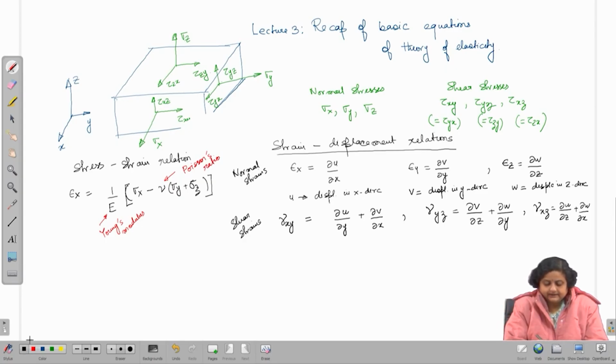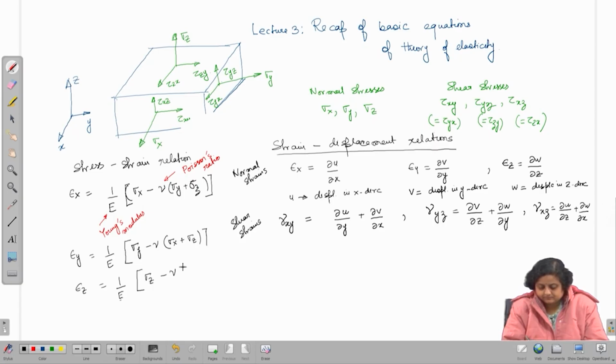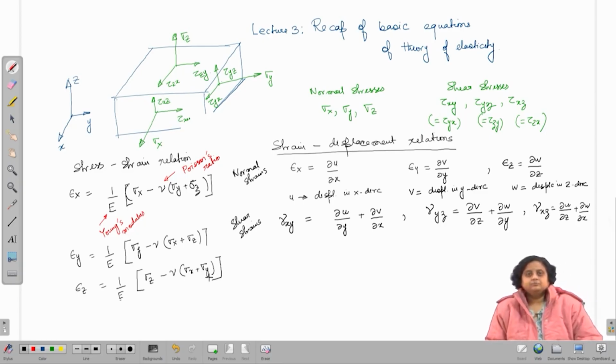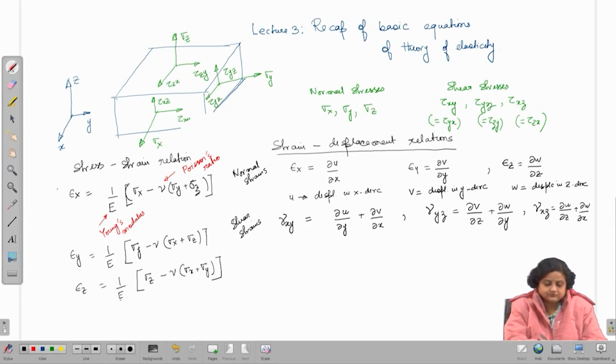Similarly, the other strains can also be written as 1 by E. So, this is for the normal strains.